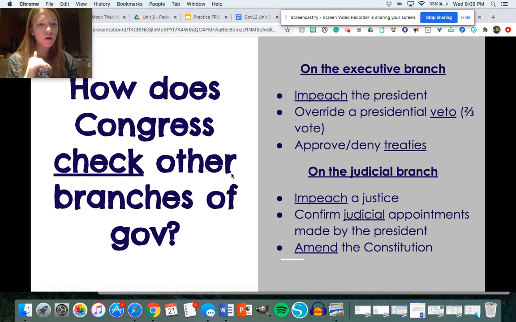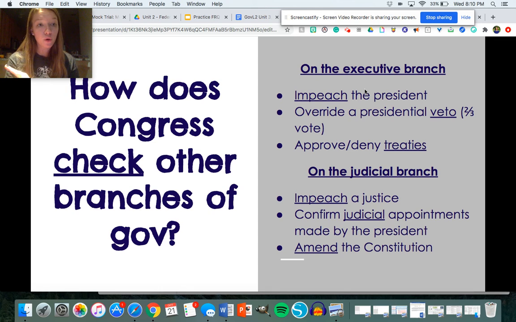So then how does Congress check other branches? We will get into this and repeat a lot of this as we go through our branches, but as a whole, on a broad overview, the legislative branch can check the executive branch, the president, a couple of ways. One, they can impeach. That is a huge responsibility of Congress, is impeachment. And we'll talk about that process.